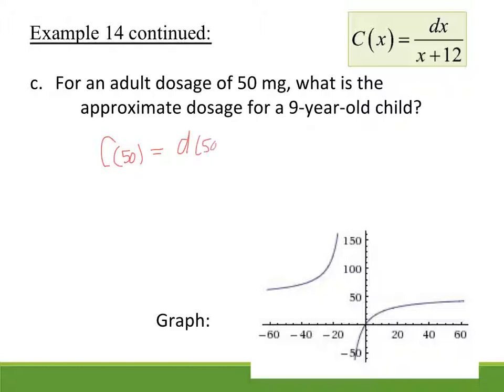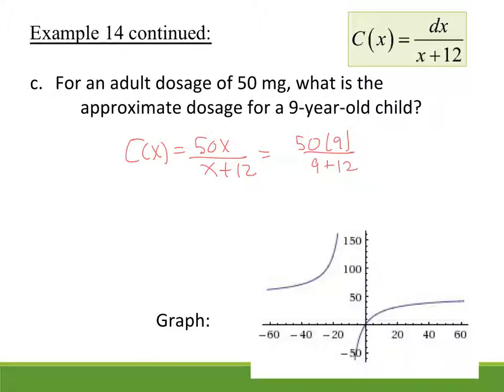C of x is equal to 50x over x plus 12, and for a 9-year-old this is 50 times 9 over 9 plus 12, right, which is 450 divided by 21, right?